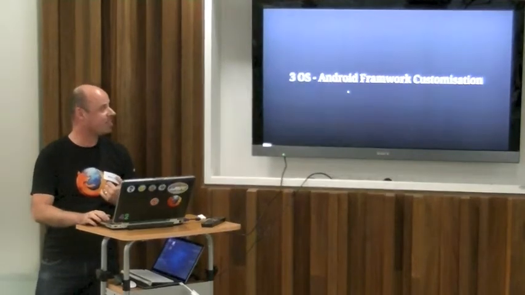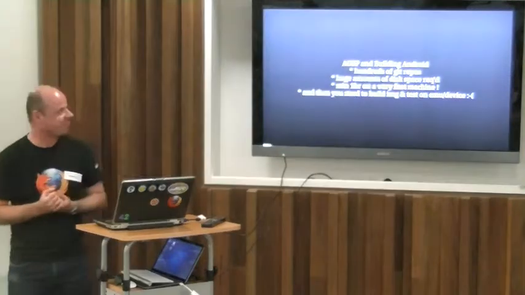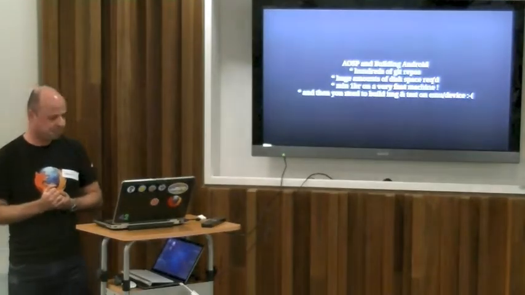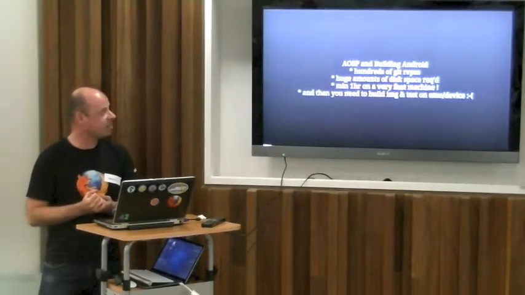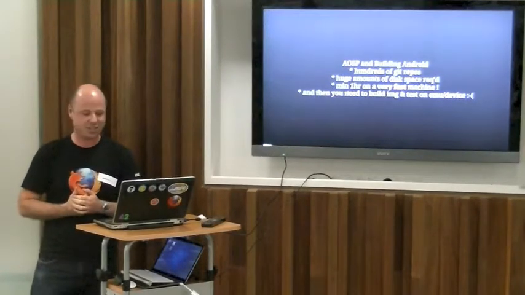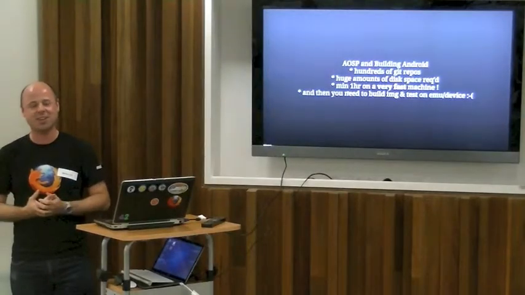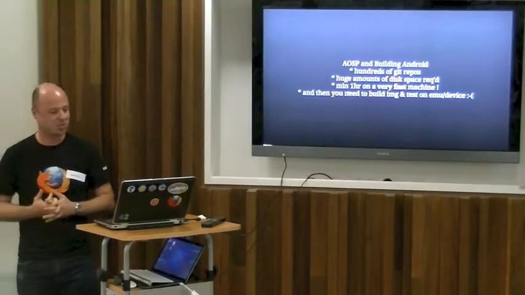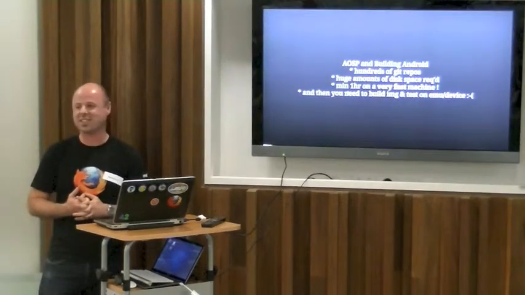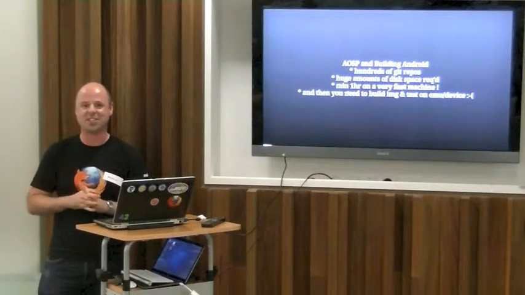Now, how do you customize the Android framework? Well, what you can do is basically rebuild the operating system from scratch. Now, it's all available online, it's published, it's open source, but there are things to be aware of. You're essentially rebuilding a whole operating system from scratch.